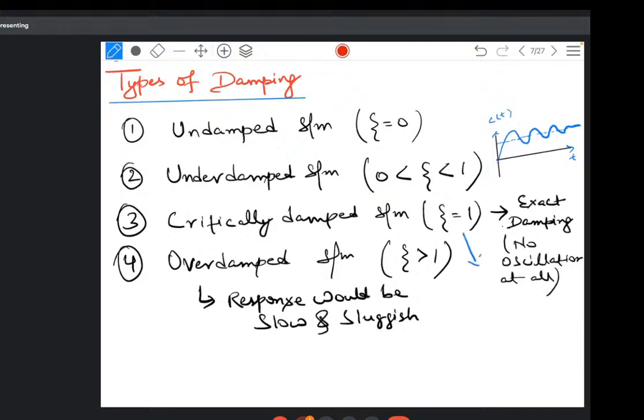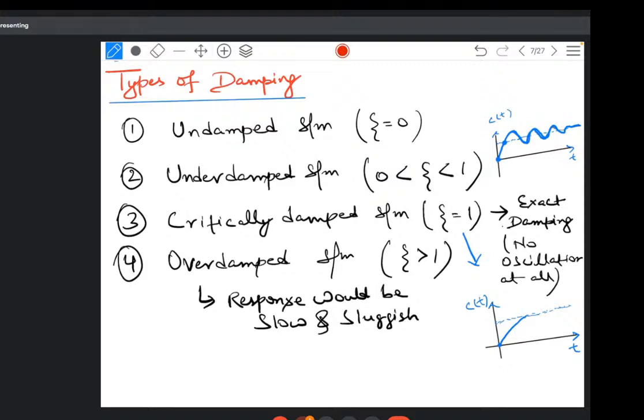How can I plot a critically damped system? For a critically damped system, exact amount of damping is provided due to which no oscillation is seen. So the response is plotted as, suppose this is my steady state value. Although my response will go to the steady state, see here also it was going to the steady state, but after steady state it continued to oscillate about the steady state like this.